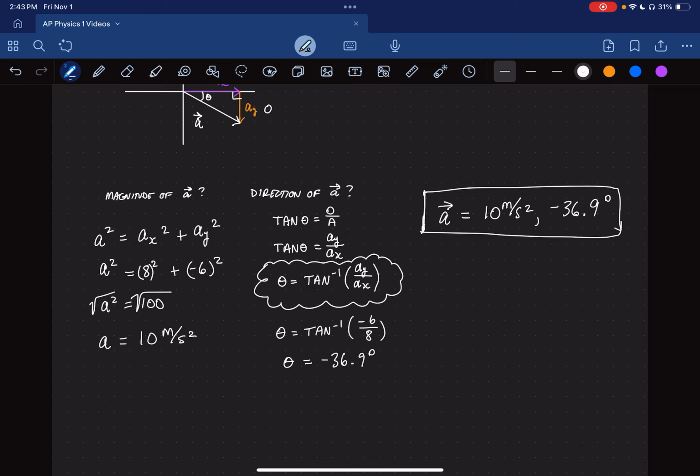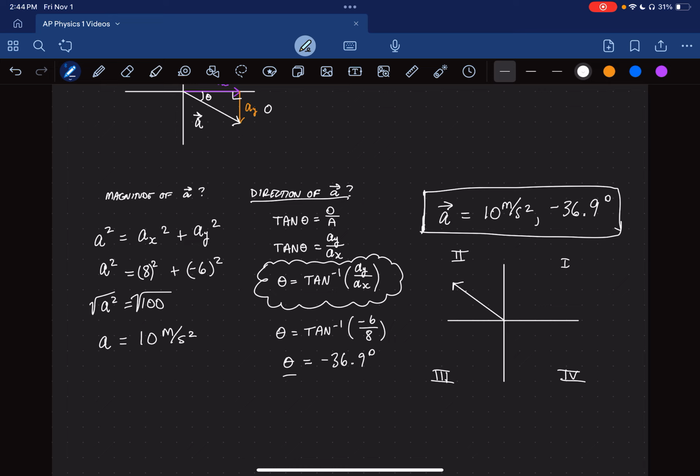Cool. On your assignment, in going from components to a vector, you have some vectors that end up in, let's see, this is quadrant 1, this is quadrant 2, this is 3, and this is 4. Your calculator, when you find the direction, always gives you an angle that's in the first quadrant or in the fourth quadrant.